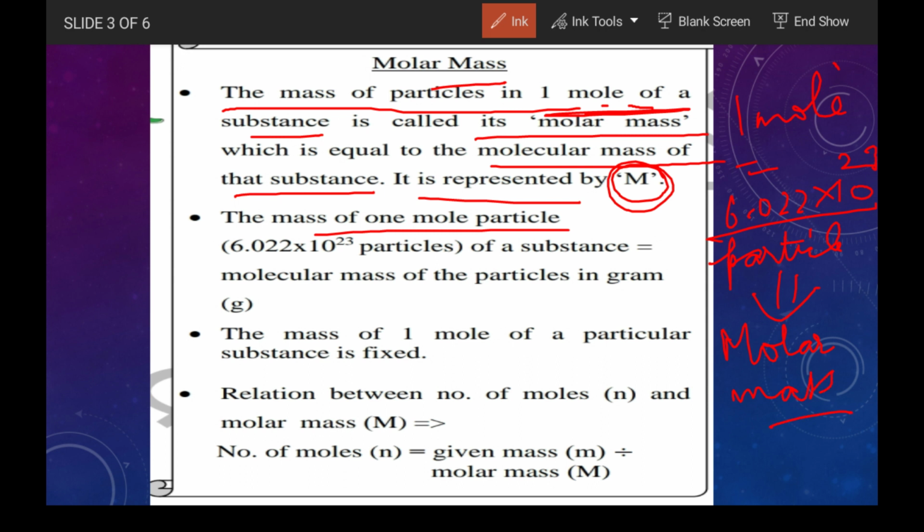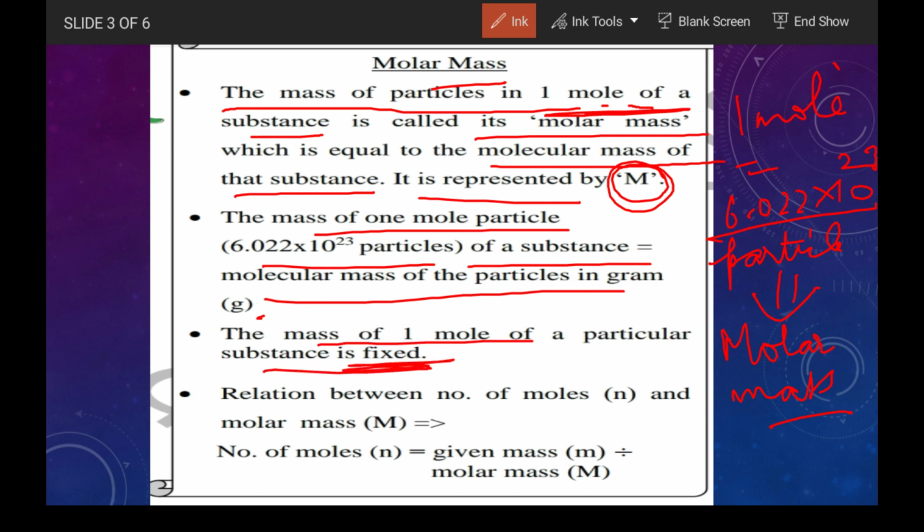So the mass of 1 mole of particles containing this many particles of a substance is equal to the molecular mass in grams. The mass of 1 mole of any particular substance is always fixed.